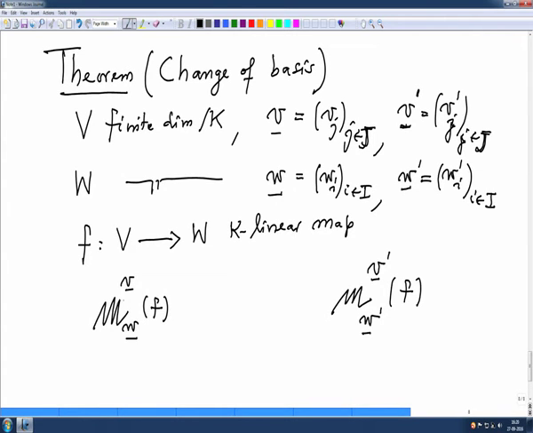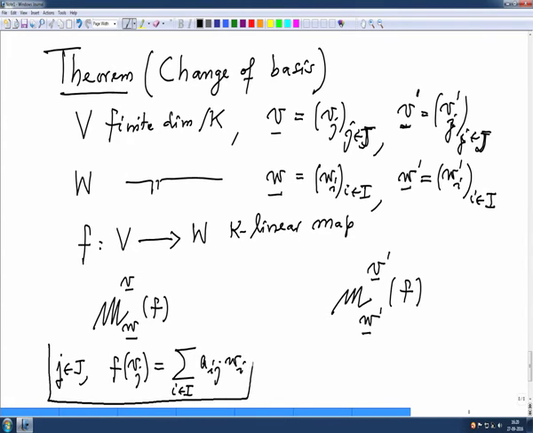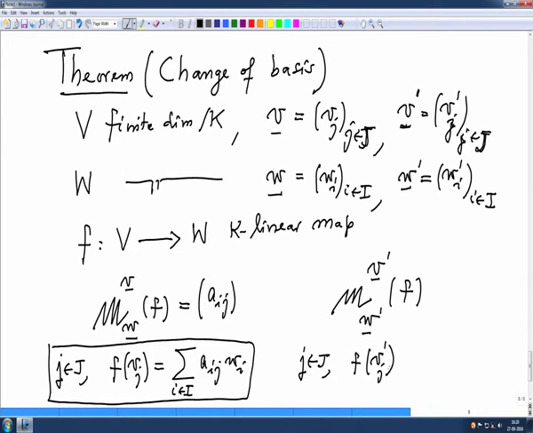Just to remind you, this matrix is defined by the equations: for j in J, F of v_j equals summation a_ij w_i, i in I. These equations are the defining equations for this matrix a_ij. And for the jth vector, j in J, F of v_j prime is summation a prime_ij w_i prime.